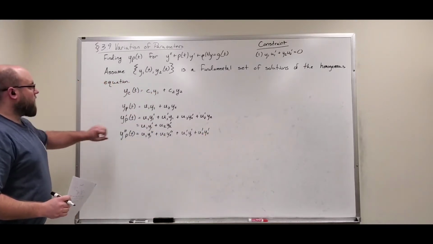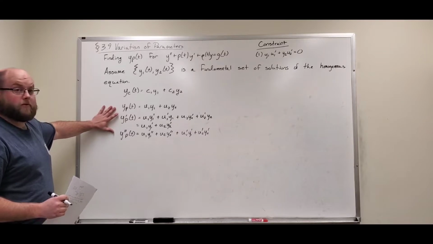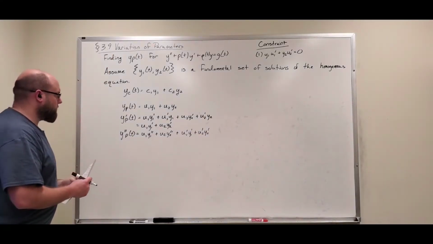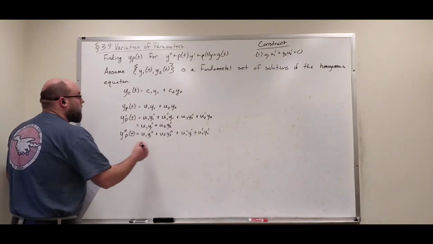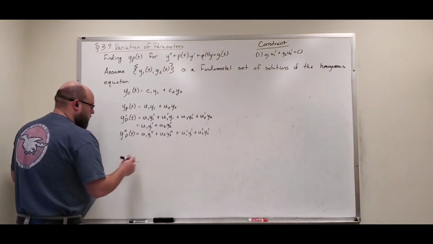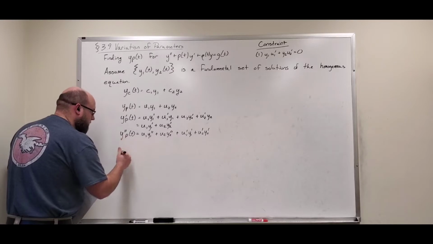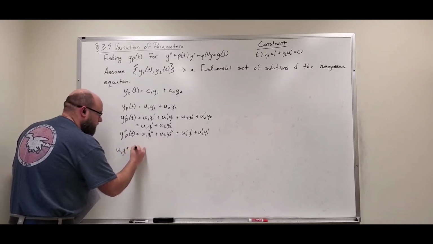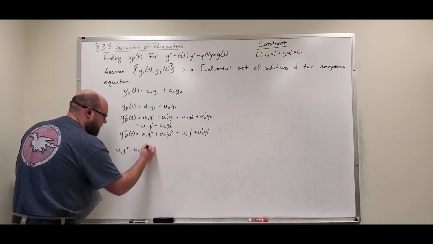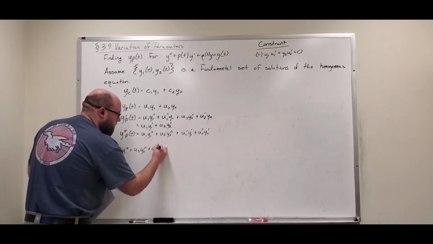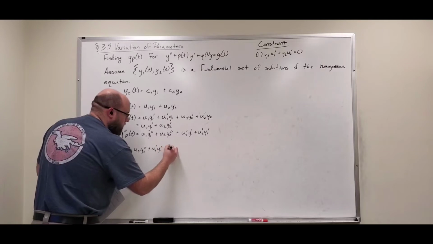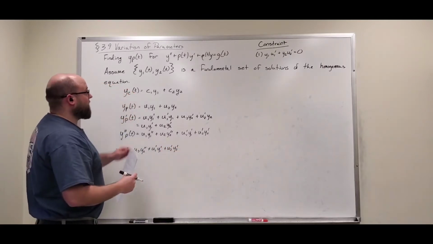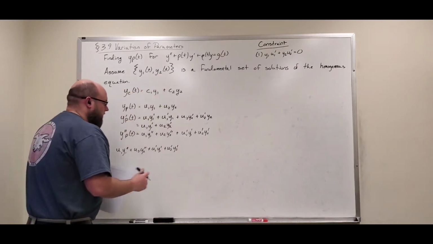Now that we have all of the pieces for our particular solution, we're going to plug it into our differential equation. Adding this together, y double prime gives u1 y1 double prime plus u2 y2 double prime plus u1 prime y1 prime plus u2 prime y2 prime. This is why I said we're going to leave off these t's here.